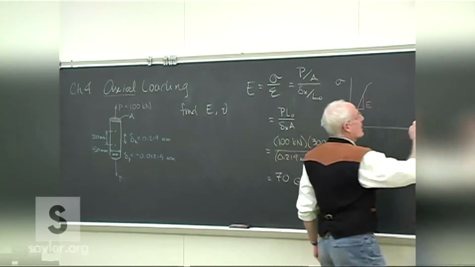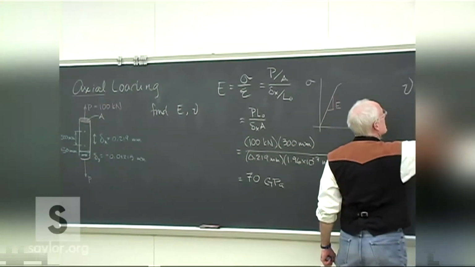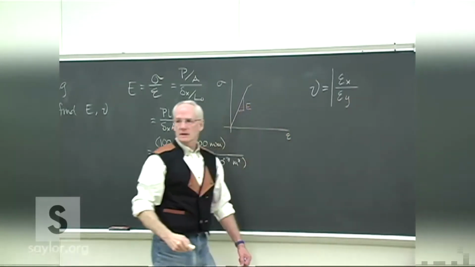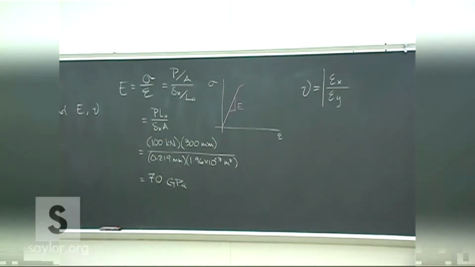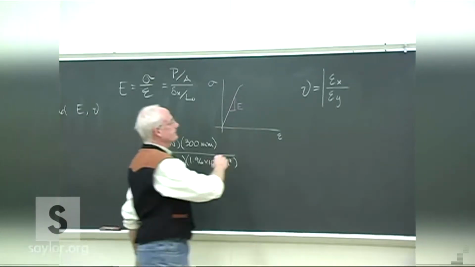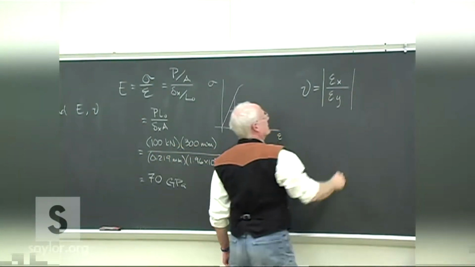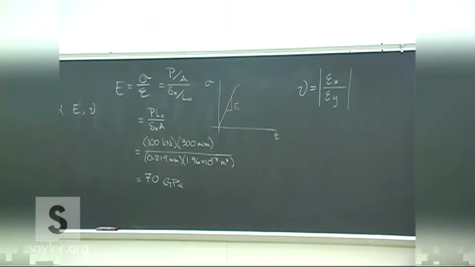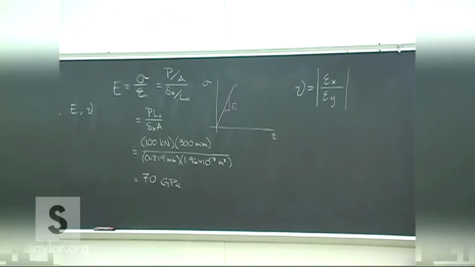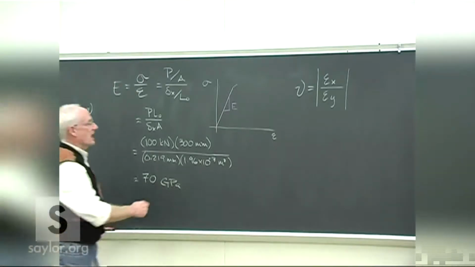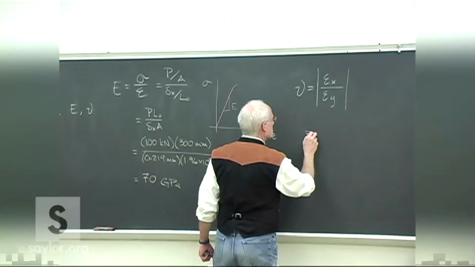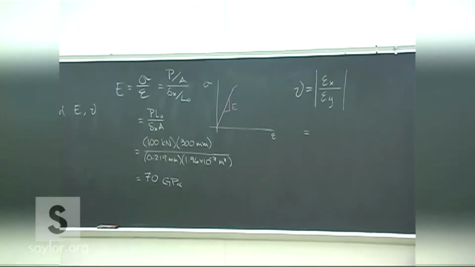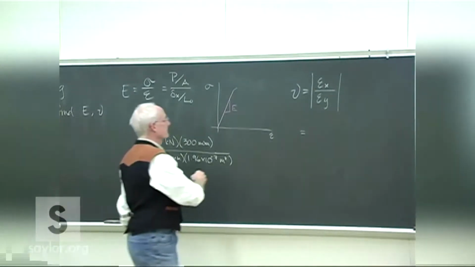And because the density stays constant, if one dimension is getting greater, the other dimension has to become less to keep the volume the same. And we take absolute value just to make that a positive number. Since one of those is an expansion, one's a contraction, they're always in opposite directions to each other. So you can figure that out real quick because we've got both of those pieces.